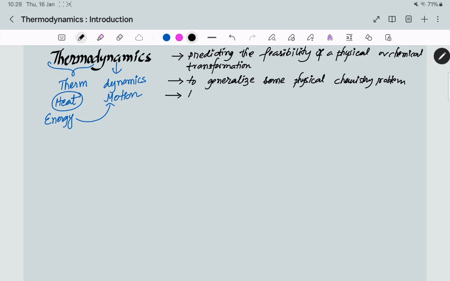And also to somewhat predict the yield of a product. That is the need of studying this chapter, thermodynamics.